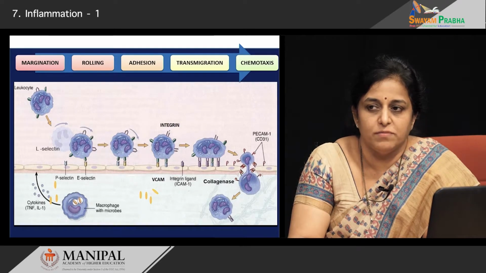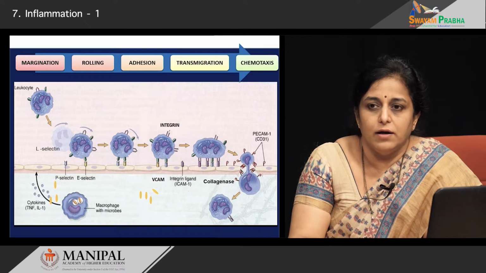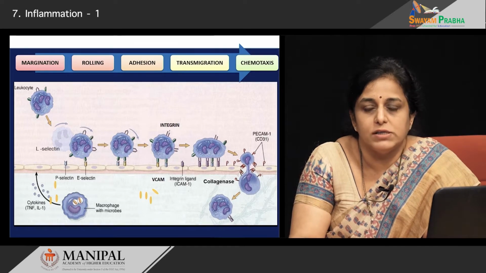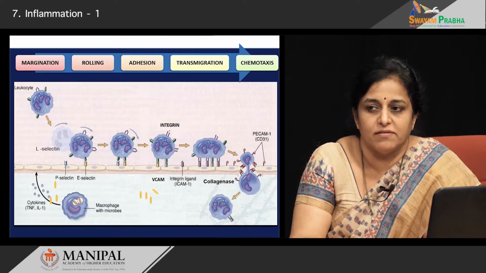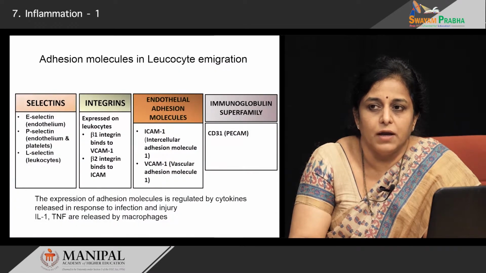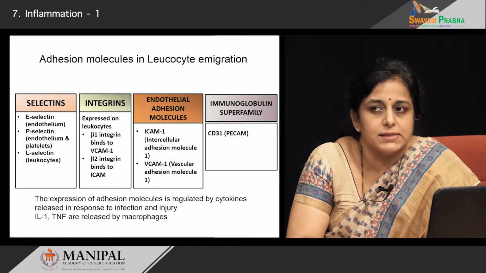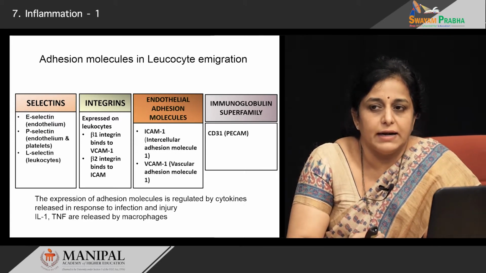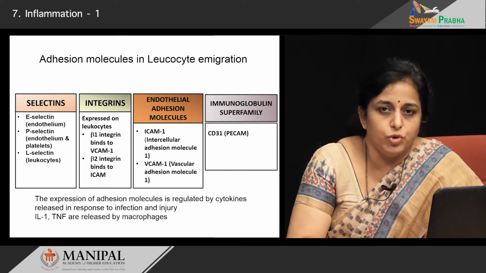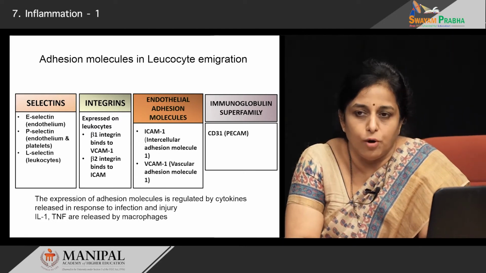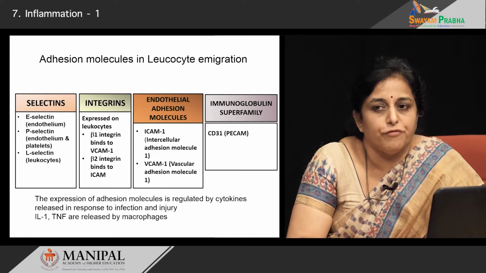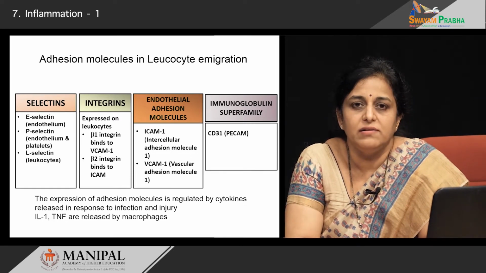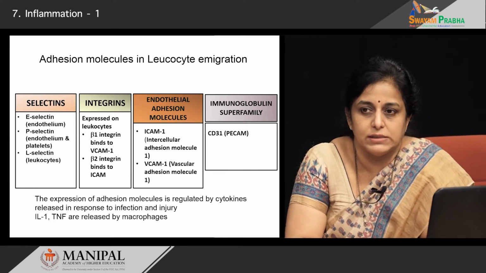This is a picture from Robbins Pathologic Basis. You can see the leukocytes are marginating, there is rolling, adhesion, transmigration, and finally chemotaxis. So, this chart summarizes the adhesion molecules responsible for leukocyte emigration: selectins, integrins, endothelial adhesion molecules, and the immunoglobulin superfamily. We learned selectins are of three types: E-selectins and P-selectins, which are mostly present on endothelial cells, and L-selectins present on the leukocytes.